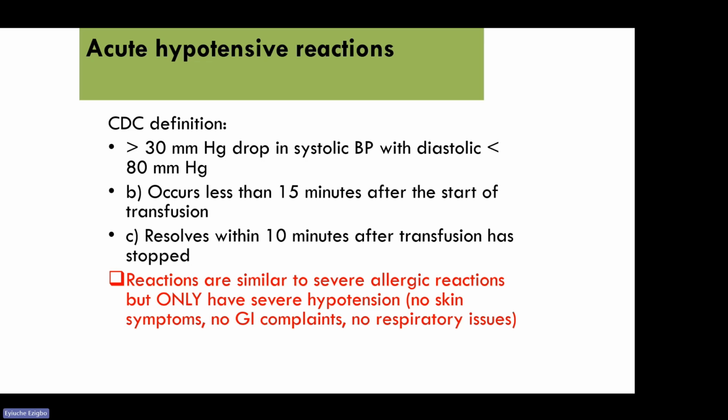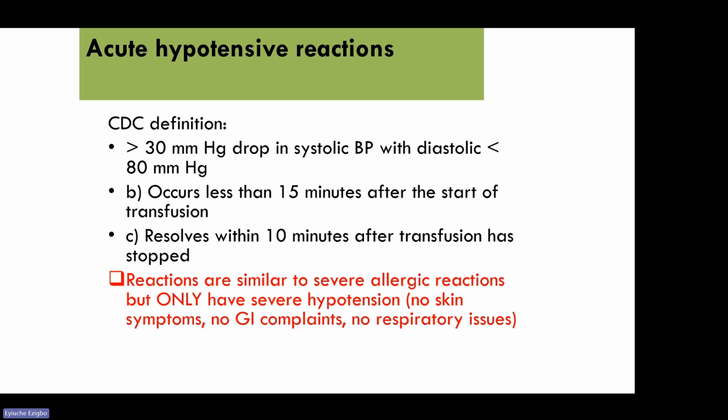Acute hypotensive reaction. The CDC definition of acute hypotensive reaction is a drop of greater than 30 millimeters of mercury in the systolic blood pressure, with systolic pressure less than 80 millimeters of mercury.